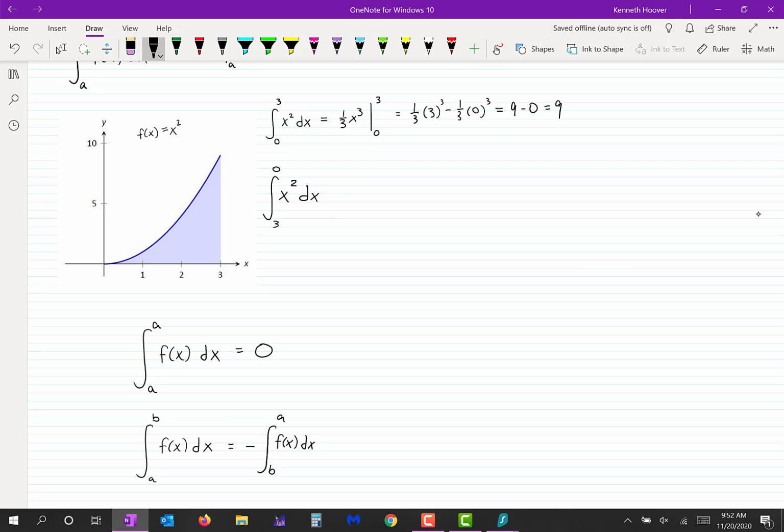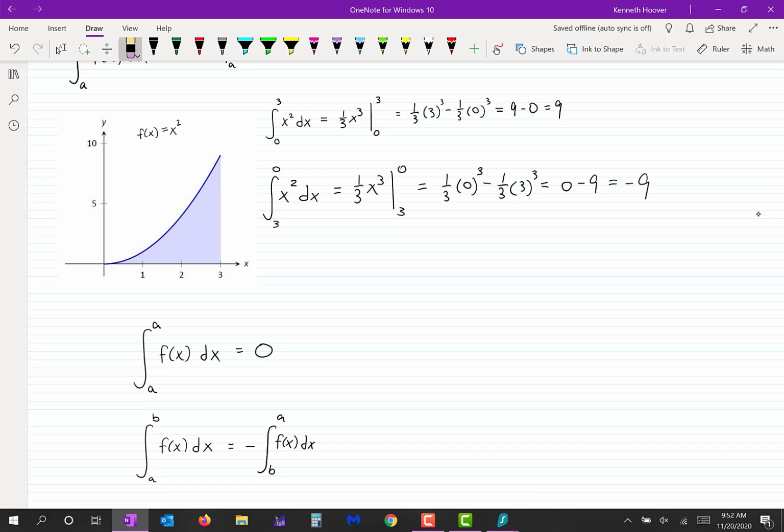I would do it one of two ways. You could either do this, one-third times 0 cubed minus 1/3 times 3 cubed, which would be 0 minus 9, which is negative 9. Okay, that's one way to do that problem.